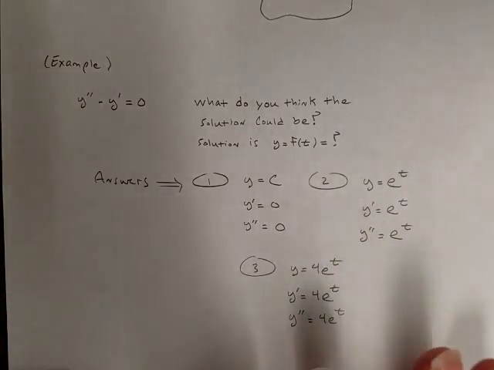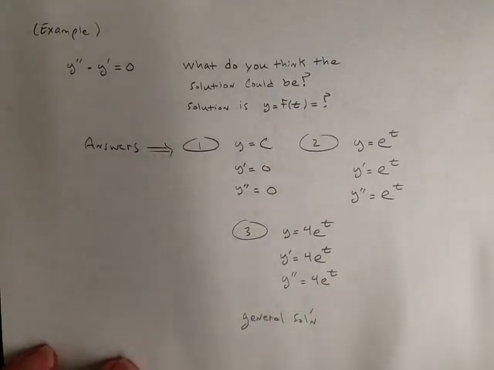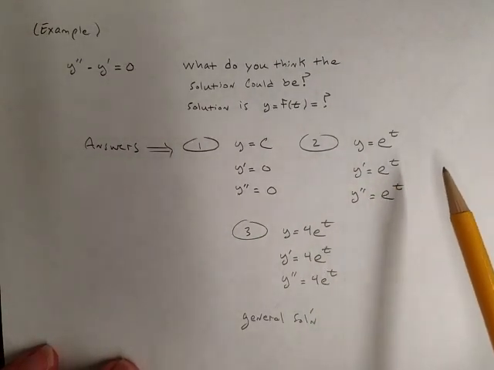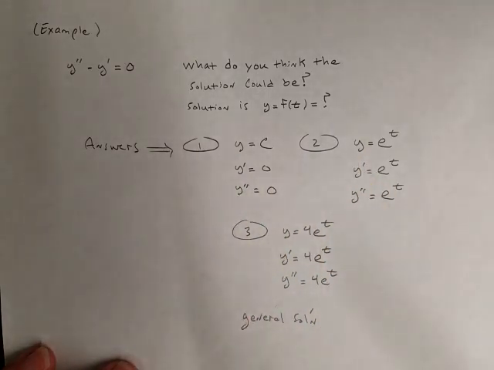So here's what we can do. All right. The general solution is a linear combination of linearly independent particular solutions, all right?